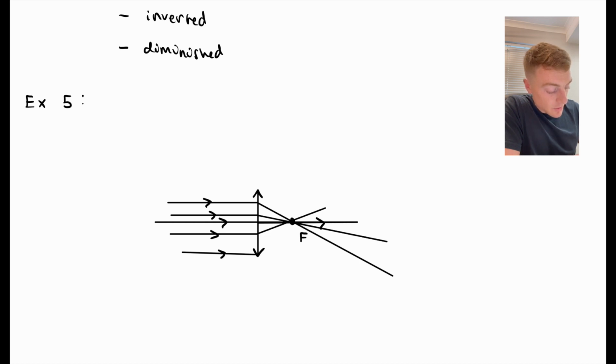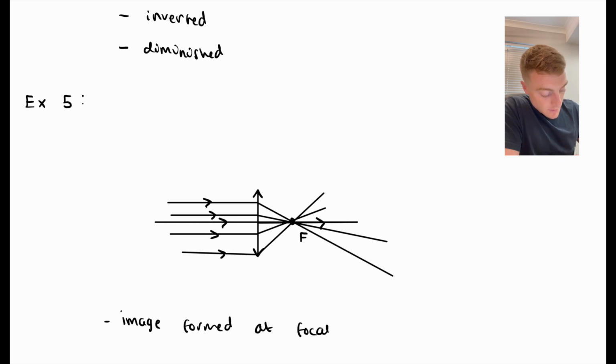Even the ones below the principal axis. So as you can see, we get that our image is formed at the focal point. So we get image formed at focal point.